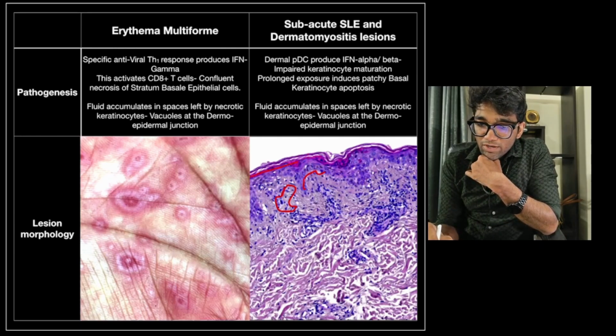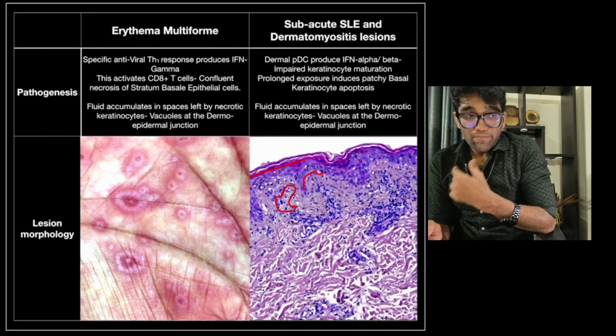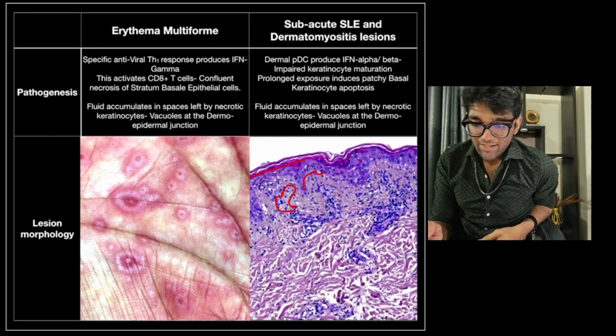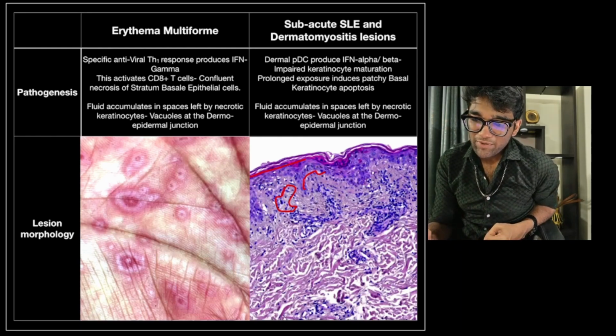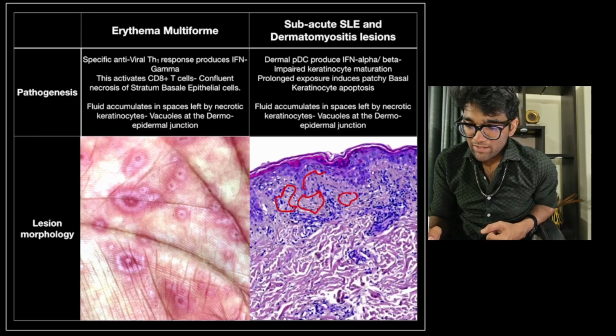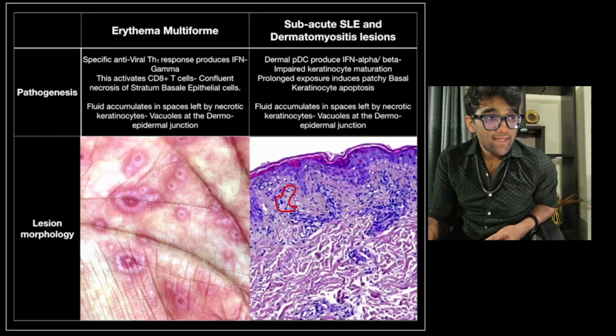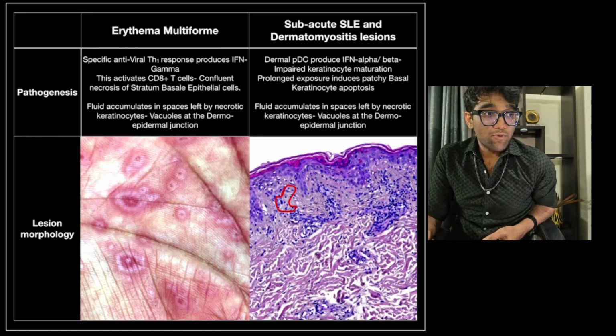Even in the stratum corneum you find some nucleated keratinocytes, and that is what we call parakeratosis. So this is a rather interesting presentation if you think about it. There's actually some mucin also here in the superficial dermis, and we'll talk about that at a later date. So this is what we find in the subacute lesions of SLE and dermatomyositis.